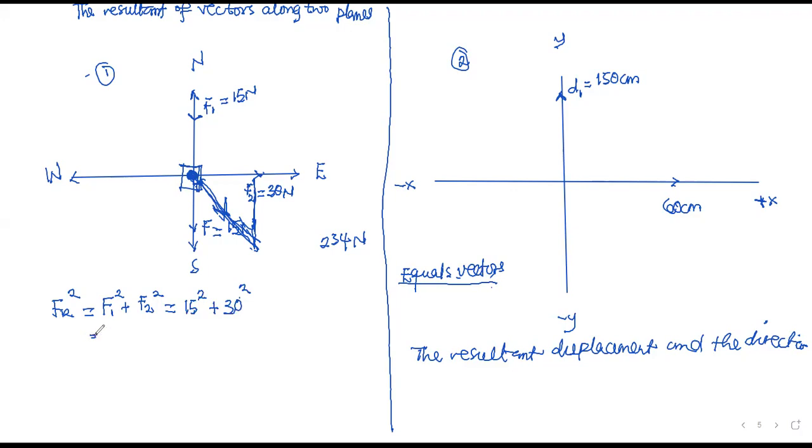What is 15 squared? 225. Plus 30 squared, 900.